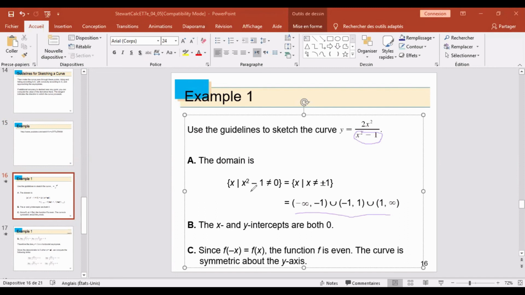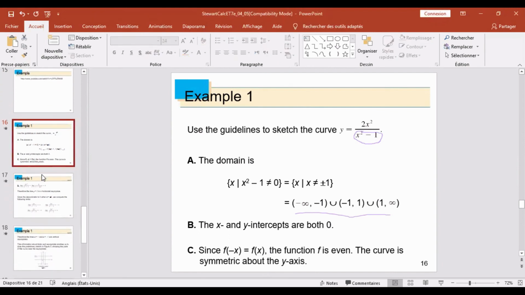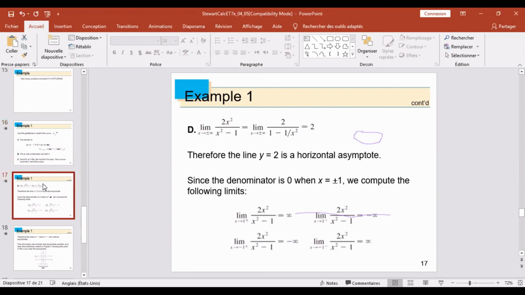For the symmetry, here we try to evaluate f of -x. When we evaluate f of -x, we can remove the minus without any problem. After just some simplification, your function is an even function, because f of -x equals f of x.